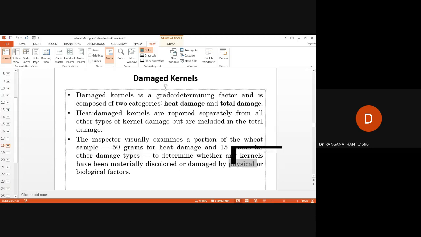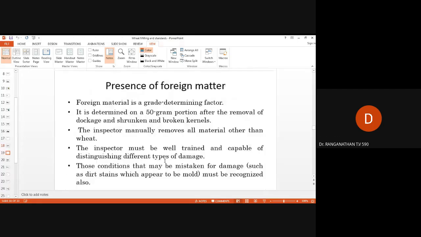Physical factors are heat and things, etc. Biological factors, as I said, when there is an insect infestation or a microbial infestation, it's obvious that the color gets changed. So that is again determined. So one thing is the bulk density, weight per bushel, then the broken kernels and damaged kernels. These are some of the factors to grade.